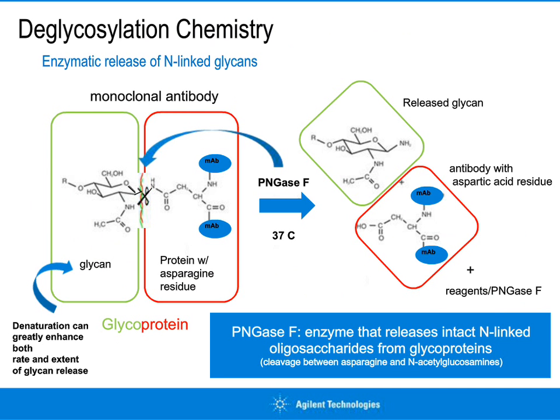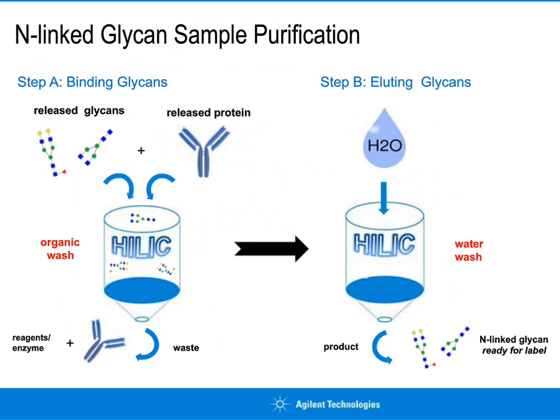It is also important to mention that there are other enzymes available, such as endoglycosidase H, but most are not suitable for general deglycosylation of N-link sugars because of their limited specificities, and also because they leave one N-acetylglucosamine residue attached to the asparagine.